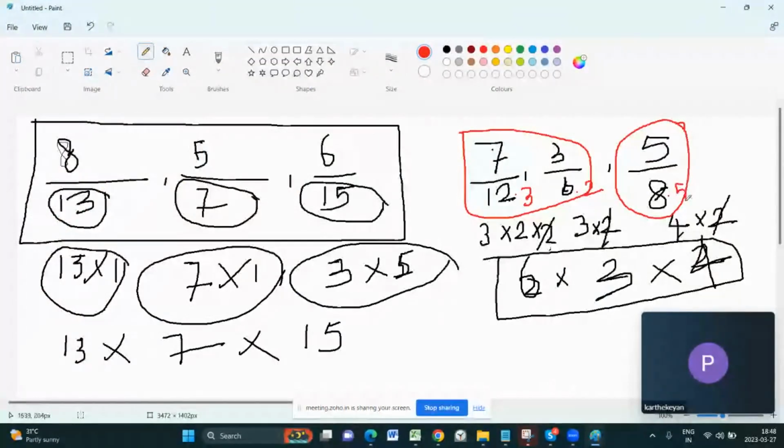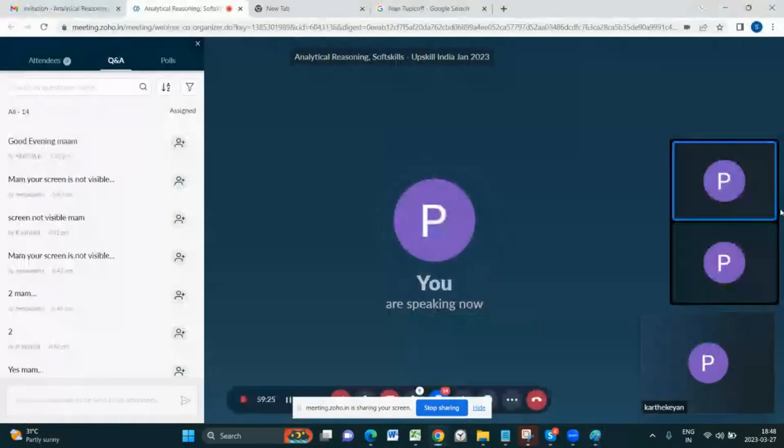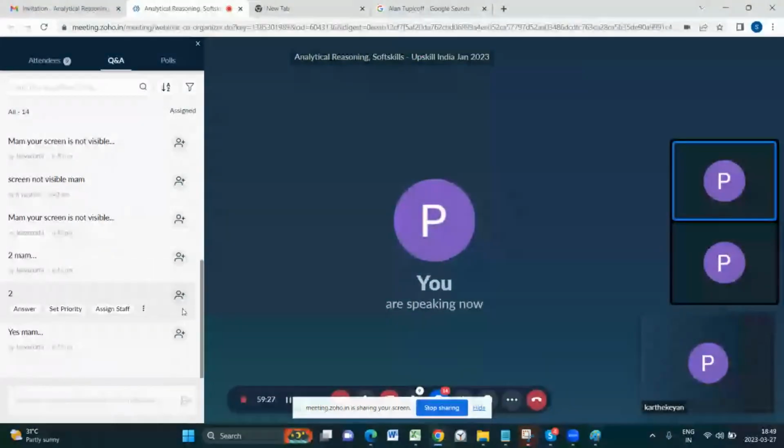Then you have to take all 3 decimal places, 3 into 2 into 5. Only then can you find the common factor with the decimal places. This is very important when you start doing bigger problems.